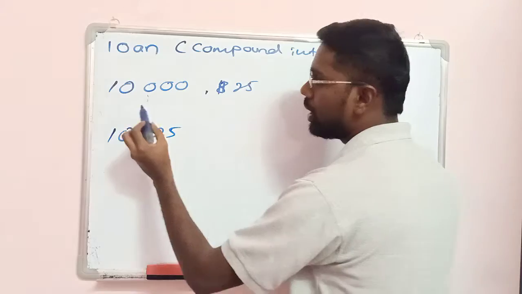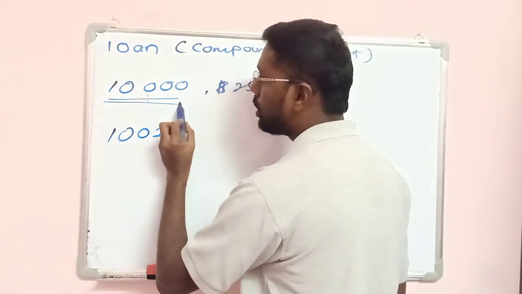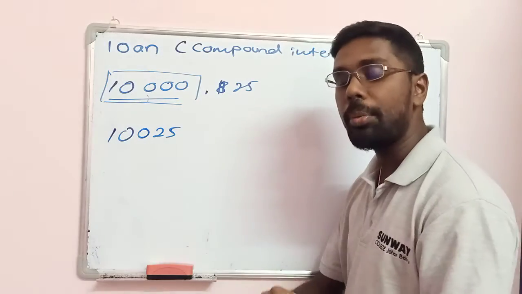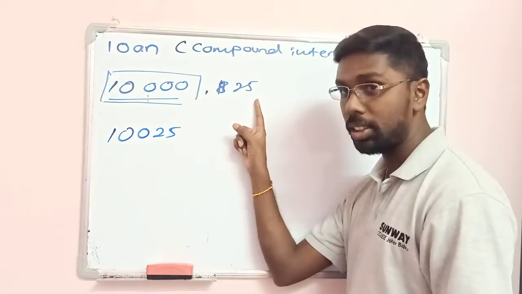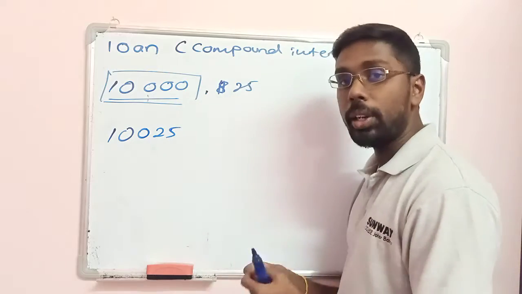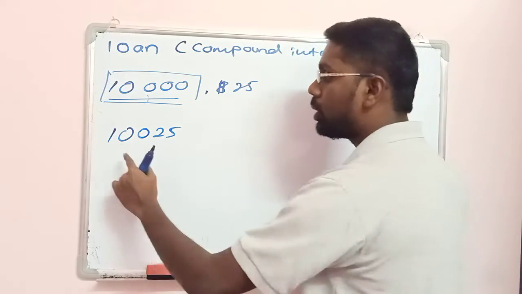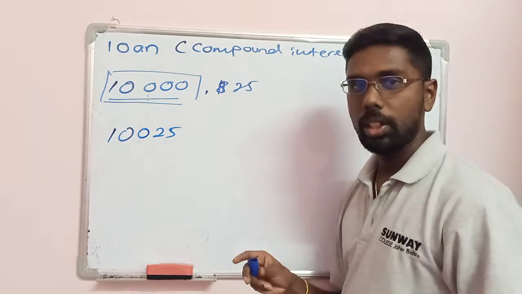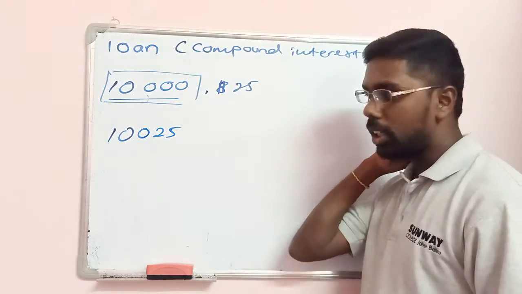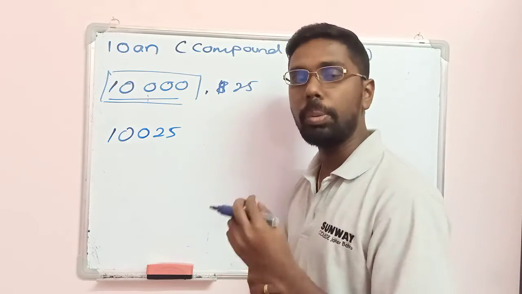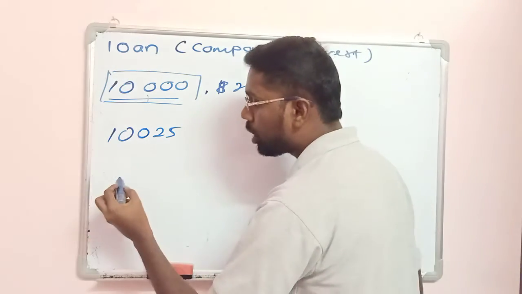For the first month, they only charge interest on the principal. But since I never did any payment during the first month, in the second month the interest is calculated based on the principal plus that interest.